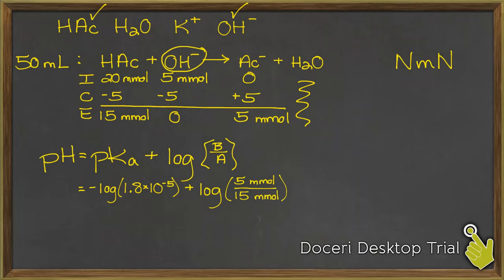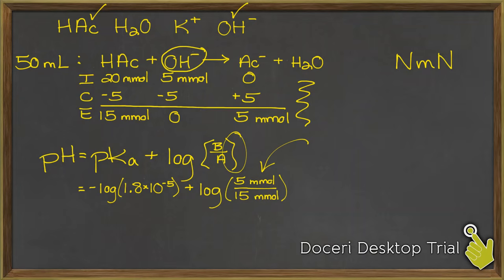Now, I wonder if some of you are thinking, wait a second. You just put number of millimoles, or if you were working in moles, that's fine, inside that set of parentheses there. Don't brackets mean molarity? Shouldn't you have found those molarities and then plugged them in?